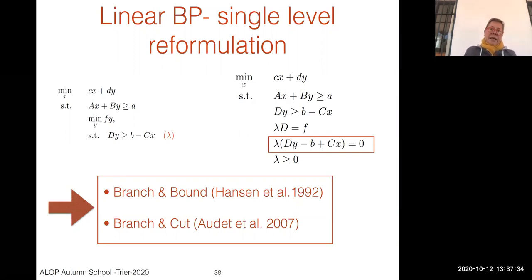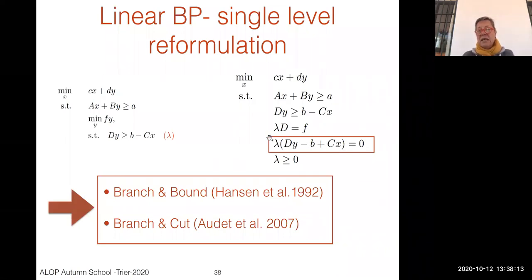Okay? But if you relax those constraints, and you look at what remains, you have a problem in which you have those constraints, and then you have the dual constraints, but those two problems are completely disconnected. And lambda is just a feasibility here. The lambda do not appear in the objective function, and the two groups of constraints are completely separate.